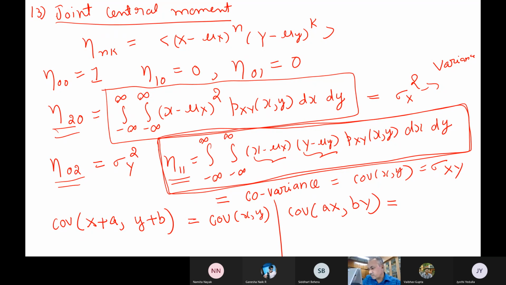It becomes ab times the covariance of x and y. Just substitute into the integral: a into x minus mu x, b into y minus mu y, pxy. So ab comes out, and the inside value is still the covariance only. Like this, you can have some interesting things.